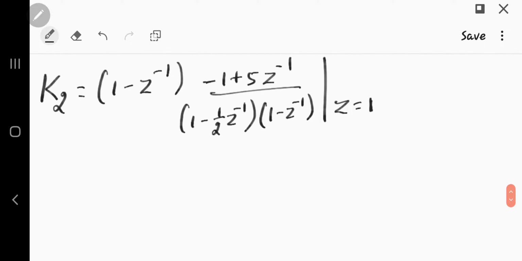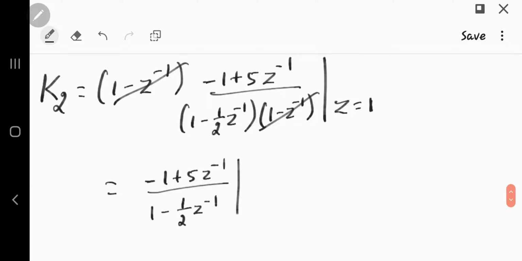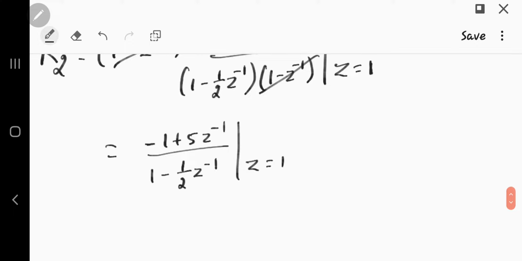Now this and these two terms cancel, so we will remain with minus 1 plus 5 z inverse divided by 1 minus 1 by 2 z inverse, where z takes the value 1 here.